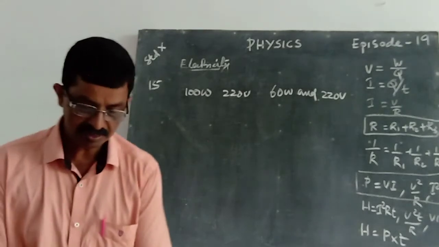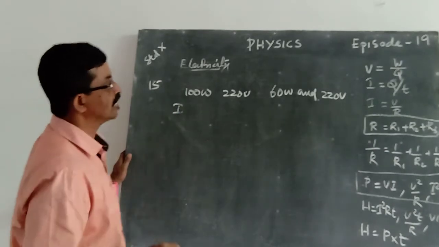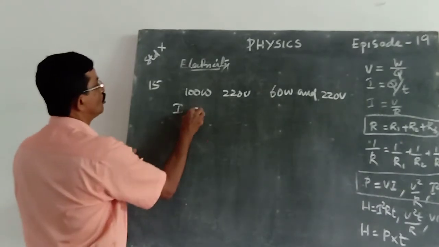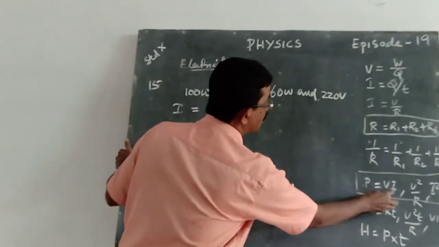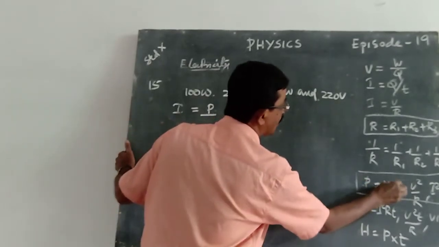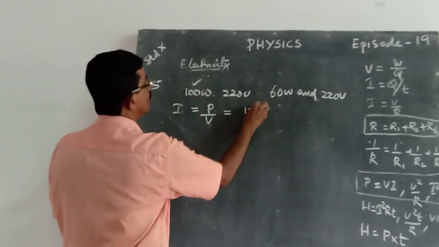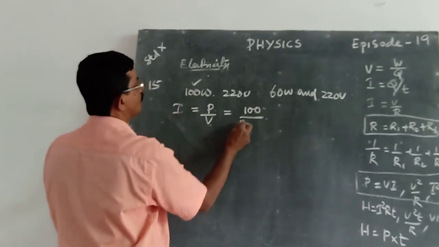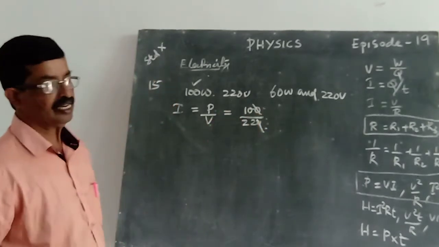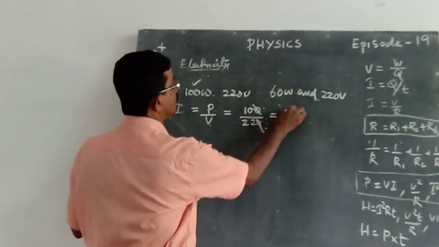We know that current I is equal to, from the relation P is equal to VI, so I is equal to P by V. Here 100 divided by V, 220. Then we can cancel with the 2 also. That will get 5 by 11.